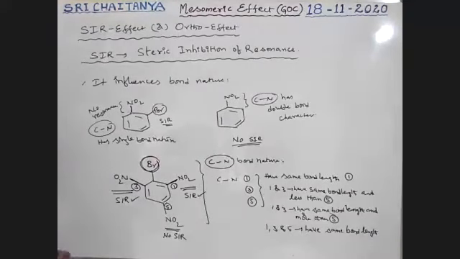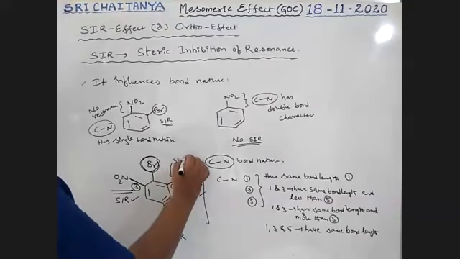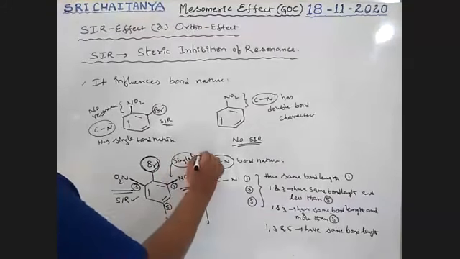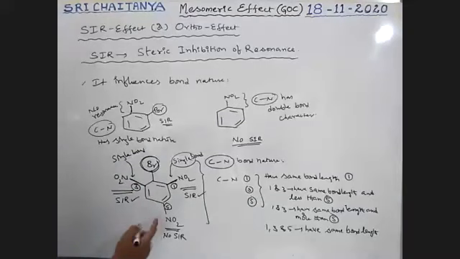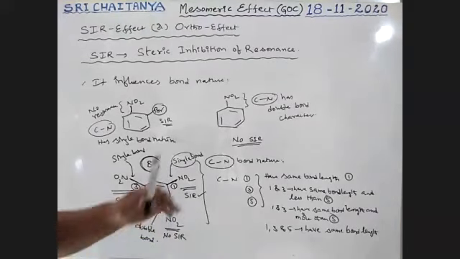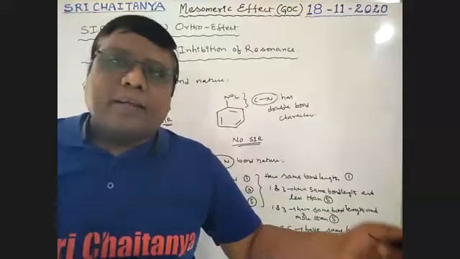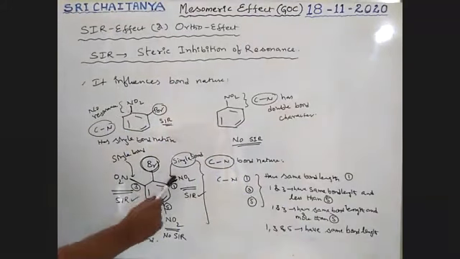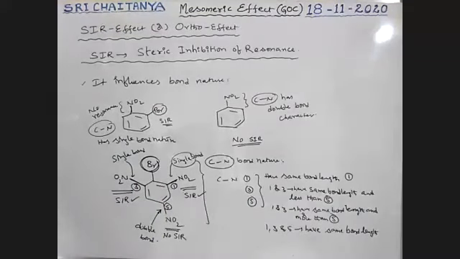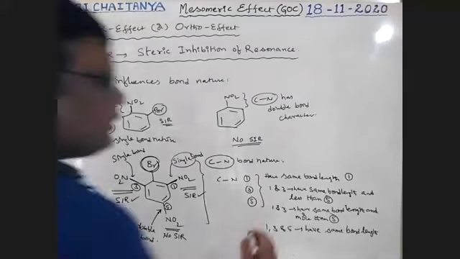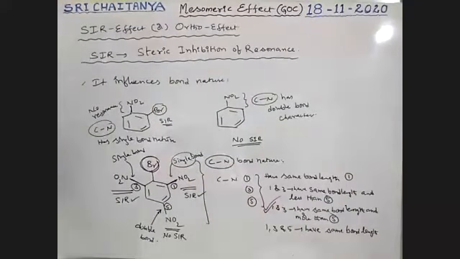This has single bond tendency, and this one also has single bond tendency, but for this one there is no SIR, therefore it has double bond tendency. Single bonds have more bond length than double bonds. Therefore, these two have the same bond length and are more than that of this one. So this option is correct, boys. Option 3 is correct.